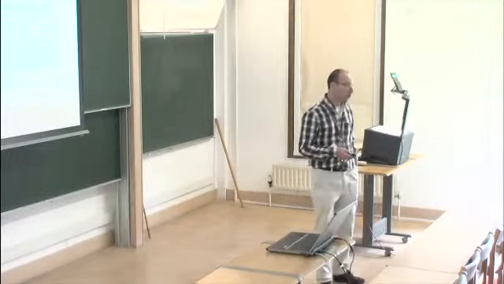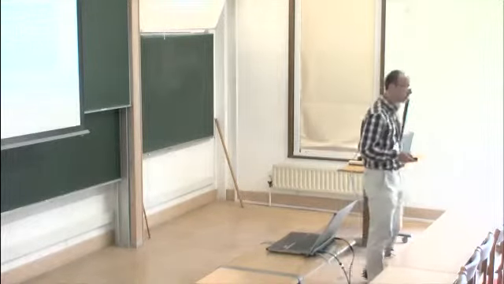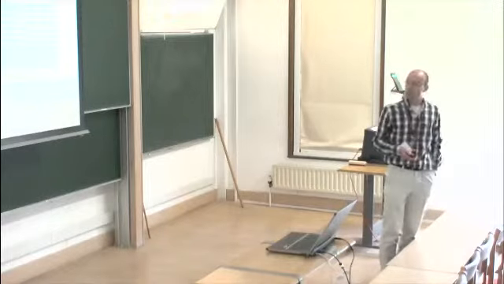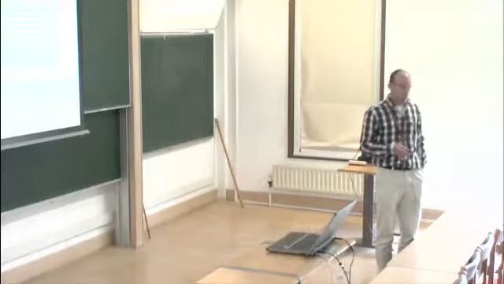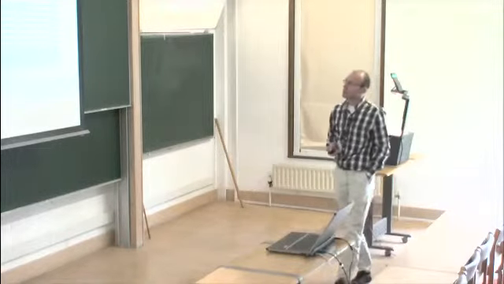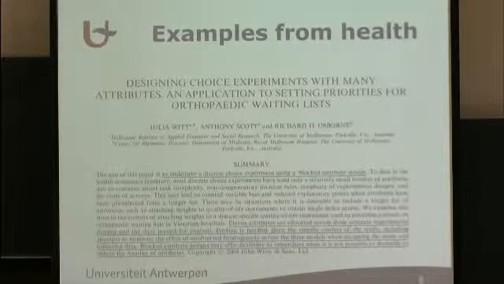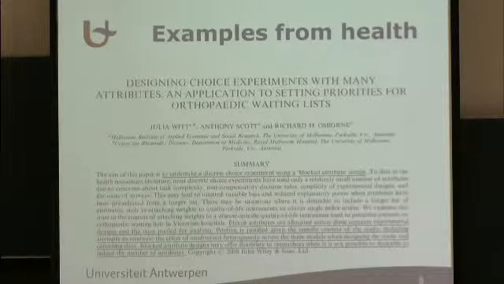Now, this partial profile idea is not only relevant in marketing when you, for example, want to figure out what output display people like for their software programs, but this partial profile idea is also important for discrete choice experiments in health. What you see here is a screenshot of a paper by Julia Witt and co-authors from the University of Melbourne.